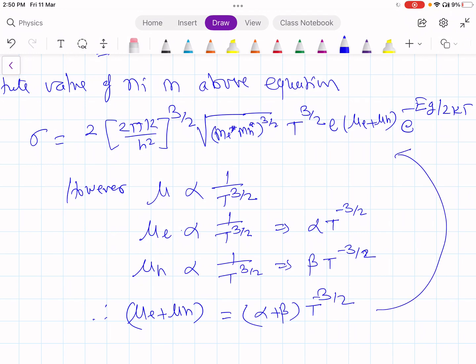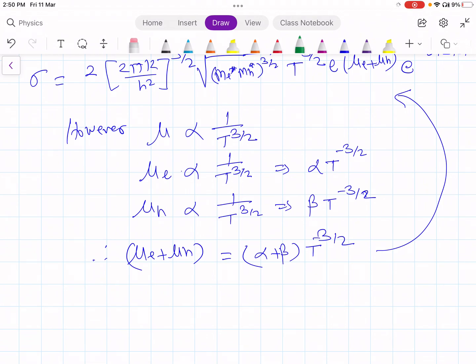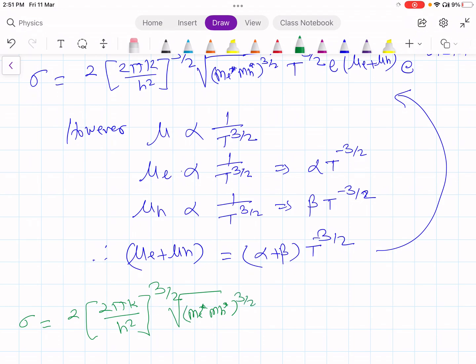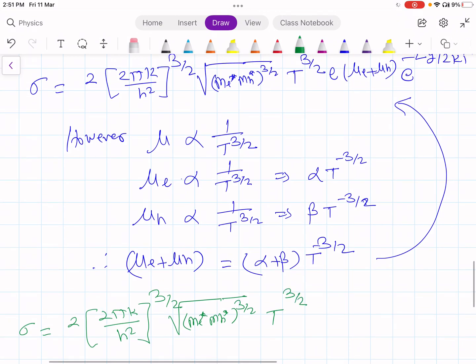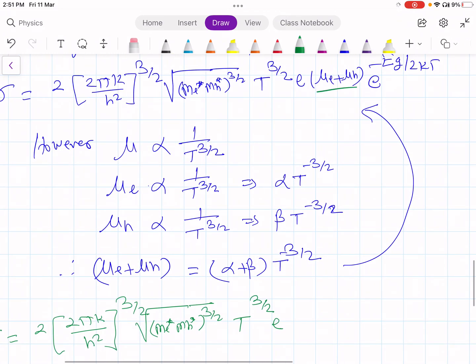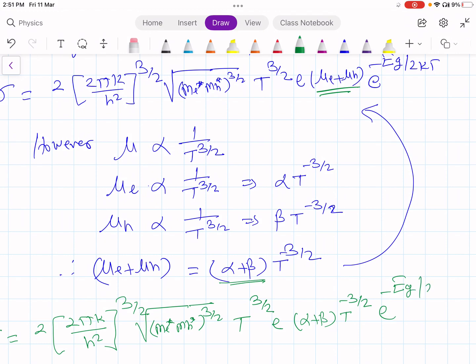Let us substitute this in the above equation and rewrite it. What we get is sigma equals 2 pi k upon h square raised to 3 by 2 into square root of me star mh star bracket raised to 3 by 2 into T raised to 3 by 2 into e, and this mu e plus mu h is equal to alpha plus beta into T raised to minus 3 by 2, into e raised to minus Eg upon twice kT.